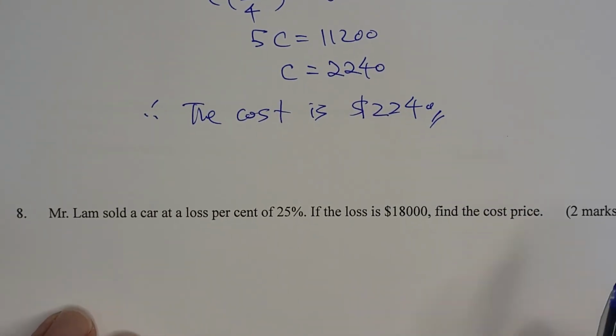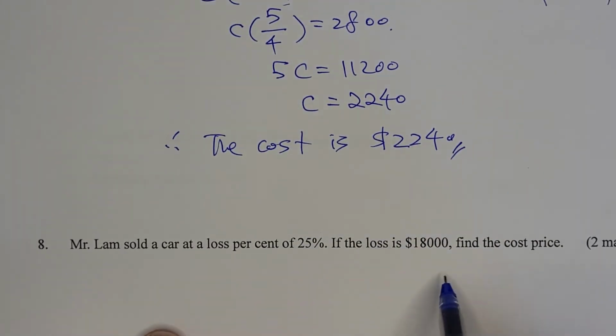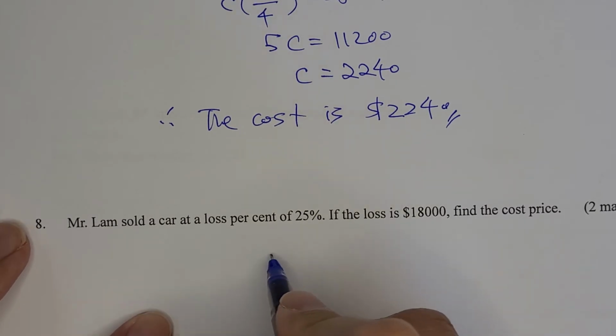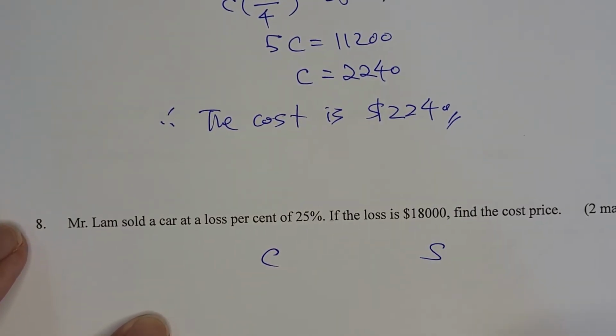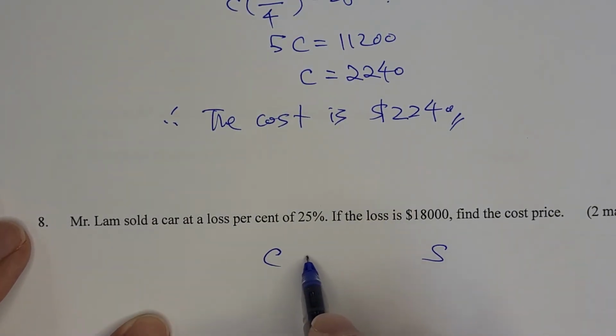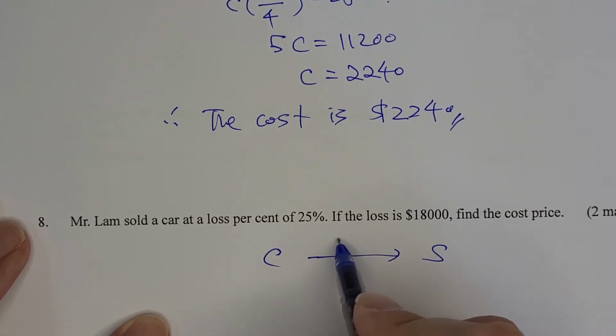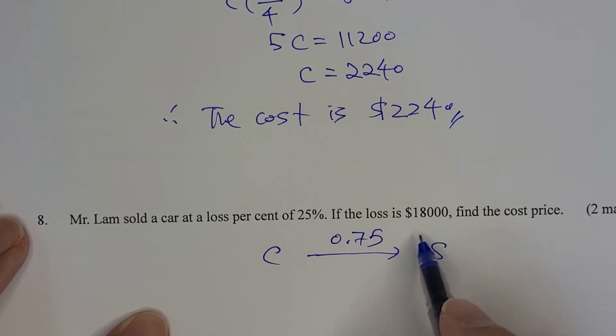Even though it does not have the mark price, it just has the cost price and the selling price. So we just have the simple CS model. A car sold at a loss of 25%, then it will have the selling price.